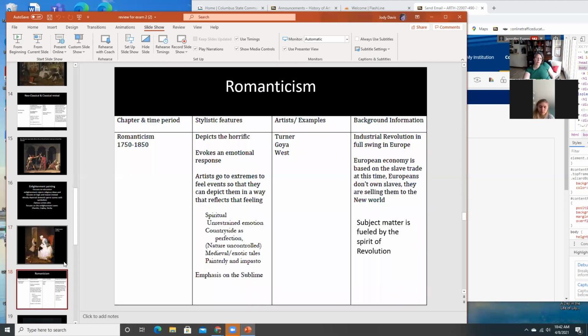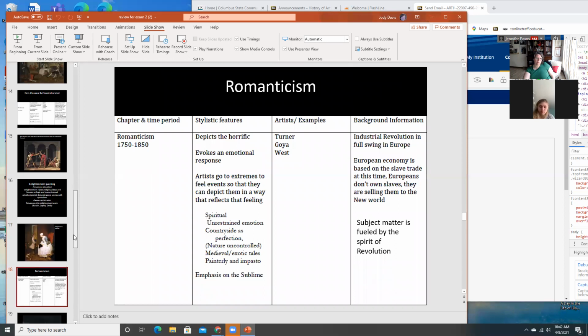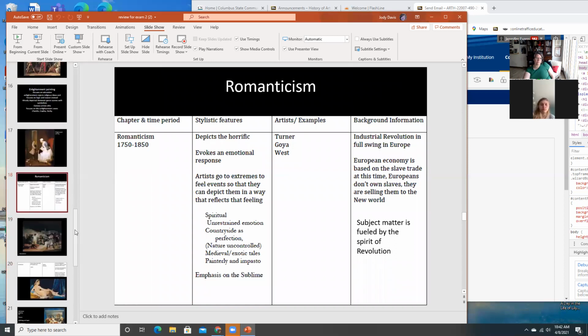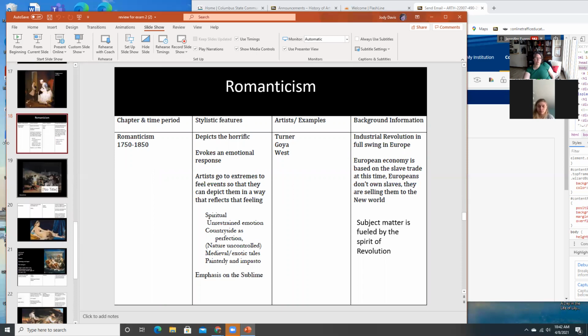All right, we go from Enlightenment to Romanticism. Romanticism is a reaction to the Industrial Revolution. During the Enlightenment, the Industrial Revolution becomes full swing, and part of that logic and stoicism comes from the Industrial Revolution.